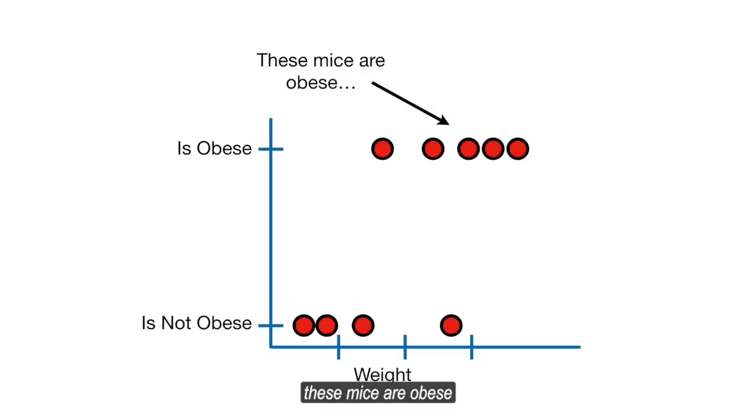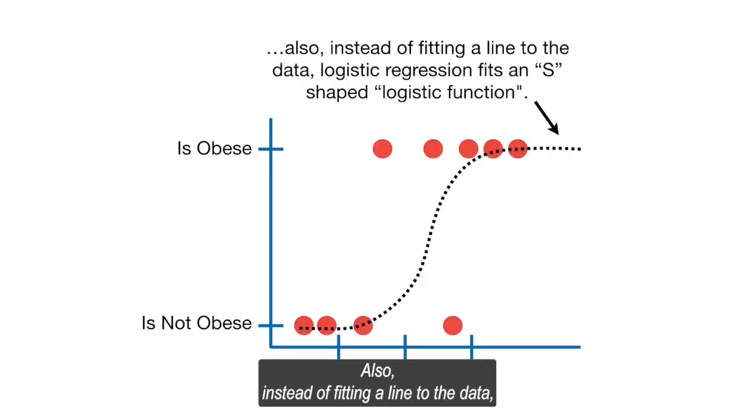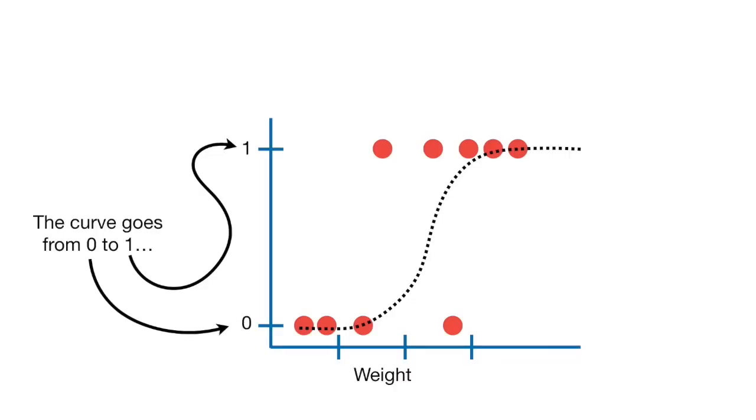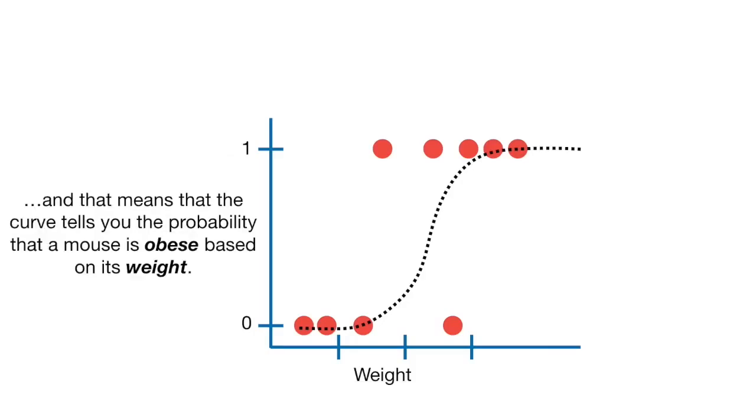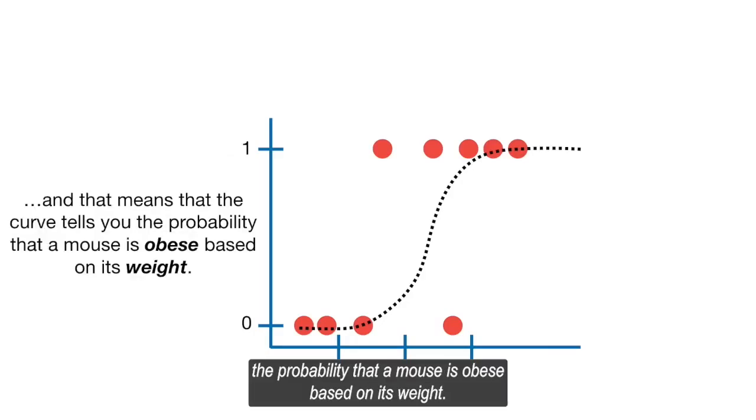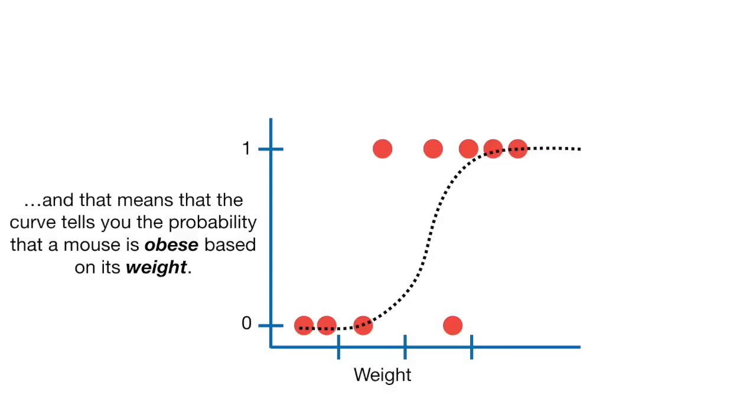These mice are obese, and these mice are not. Also, instead of fitting a line to the data, logistic regression fits an S-shaped logistic function. The curve goes from 0 to 1.